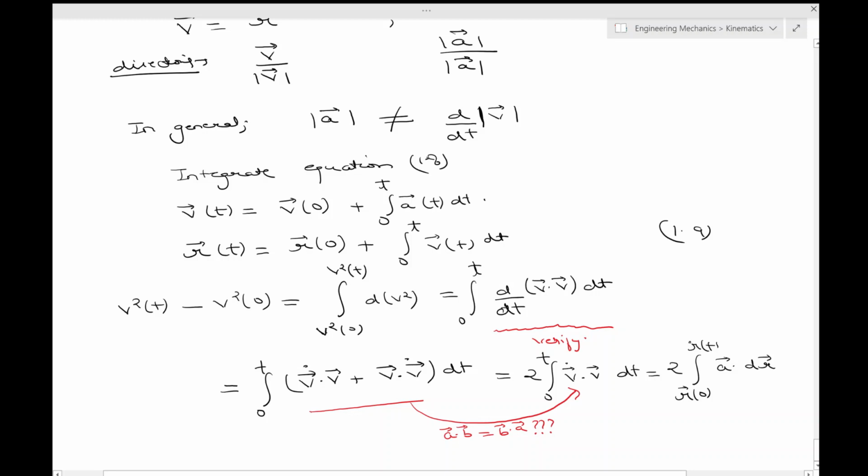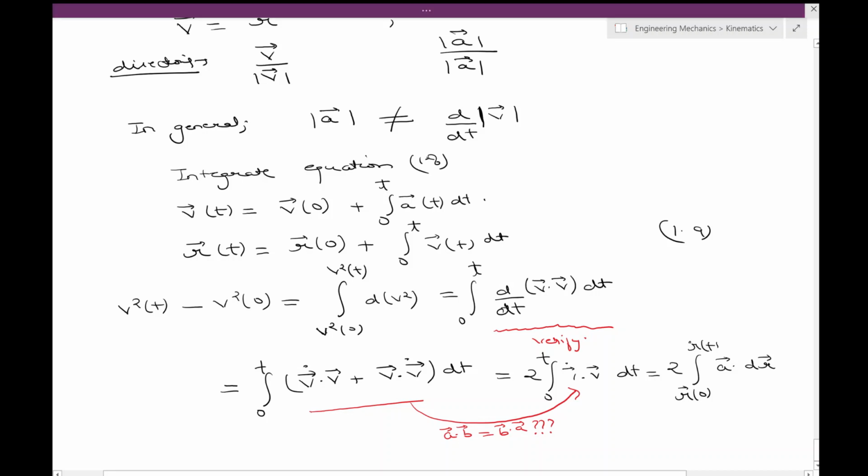You should be able to find that out if you are not able to recall. And secondly, this has happened because this particular thing can be written as dr, and v dot can be written as the acceleration. Obviously the variables of integration have to be changed from time to position. So that's how these two things can be done.